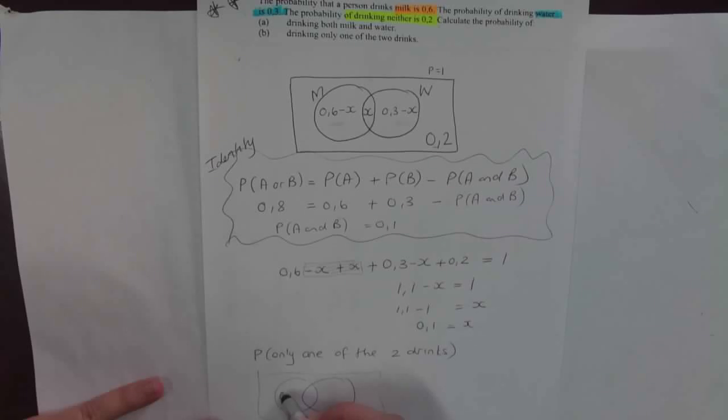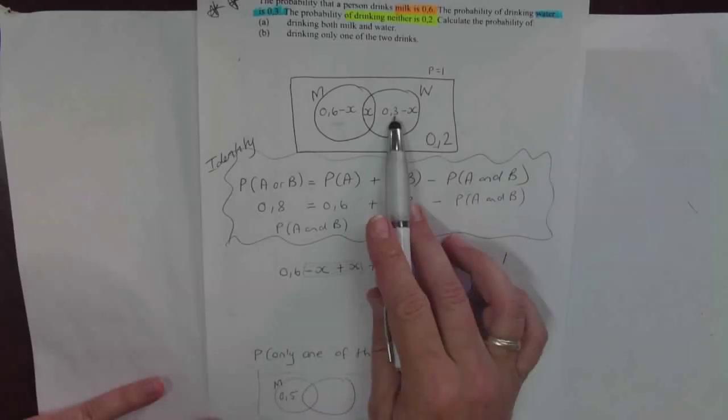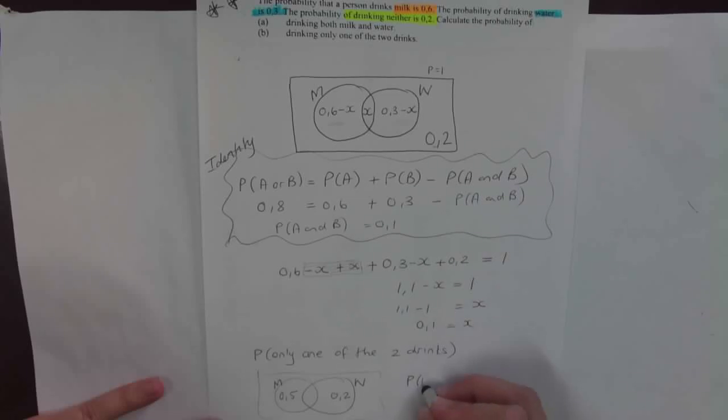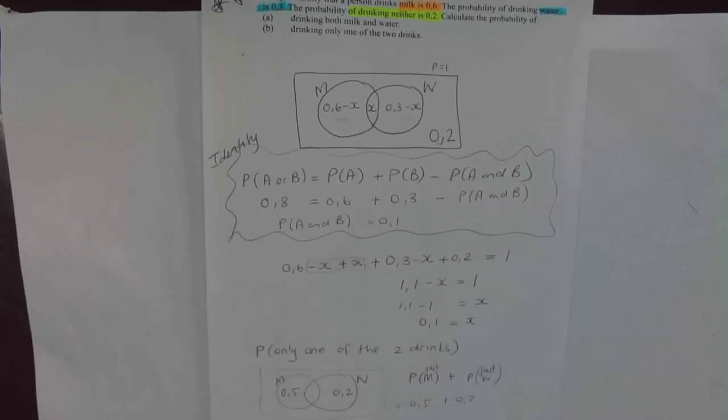So that's going to give me 0,5 for milk. And if I say 0,3 minus 0,1, I get 0,2. That's for water. So just milk or just water is 0,5 plus 0,2, that's 0,7.